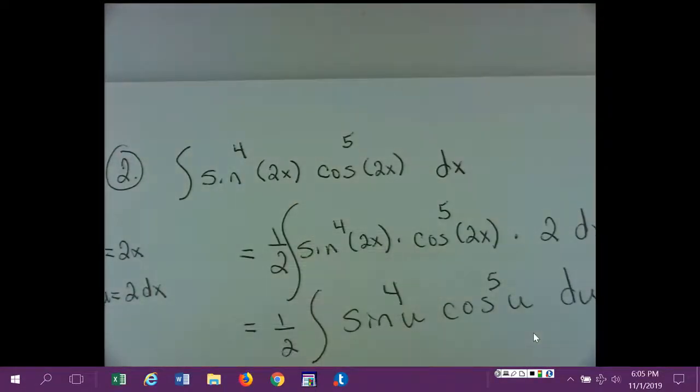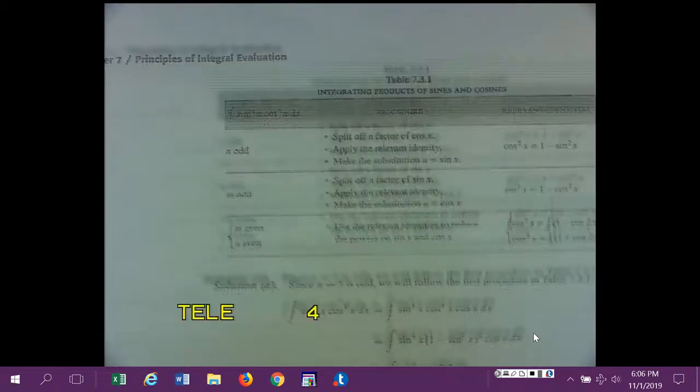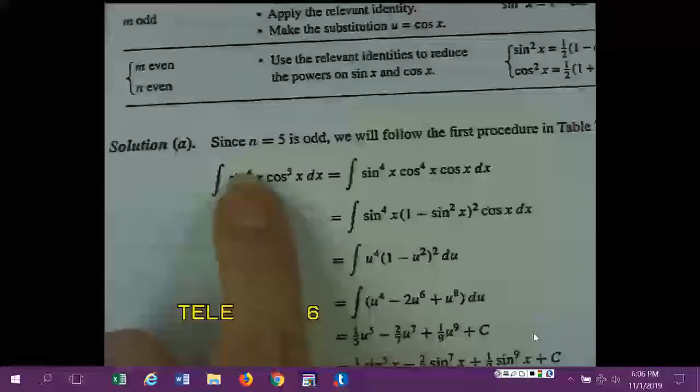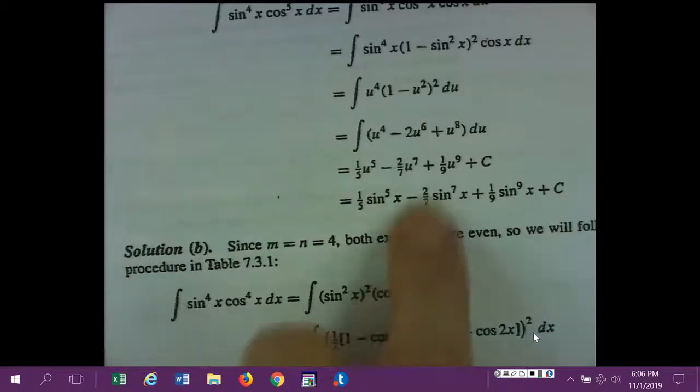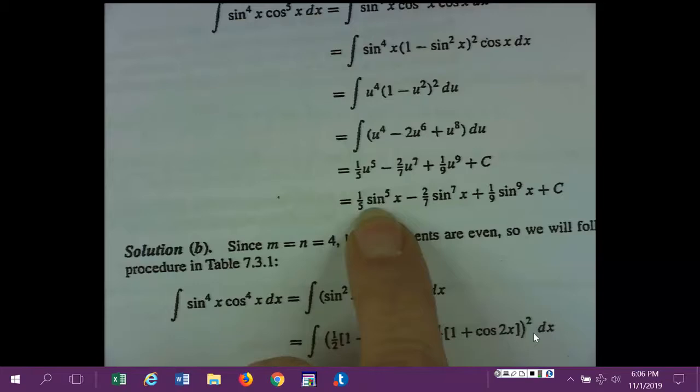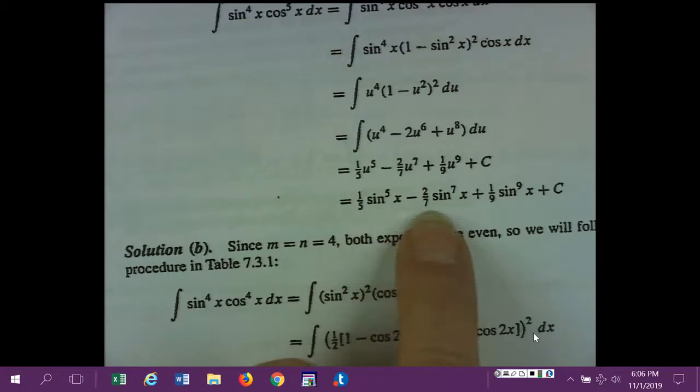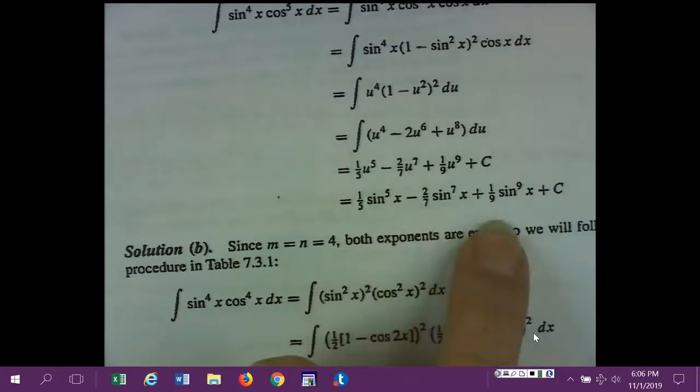So when I was looking on the other side here, when it's just sine of x to the 4th and cosine of x to the 5th, they have 1/5 sine of x to the 5th minus 2/7 sine of x to the 7th plus 1/9 sine of x to the 9th plus c.